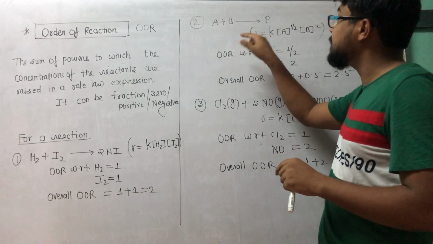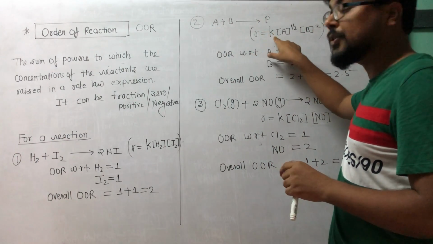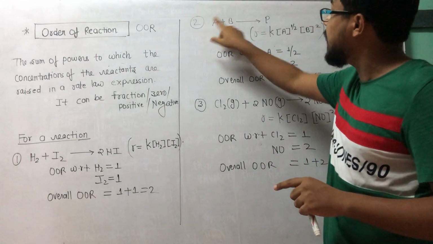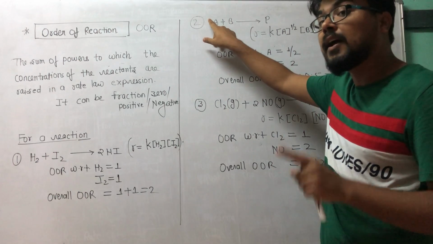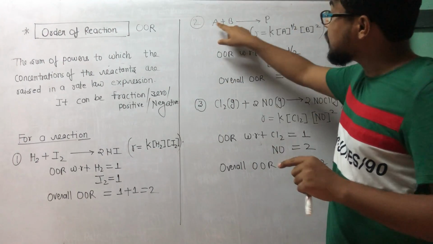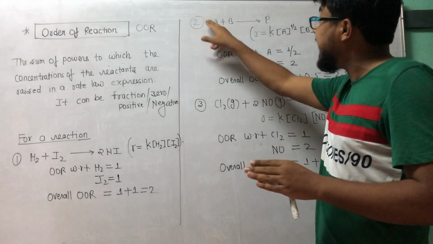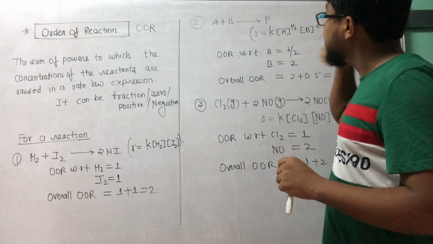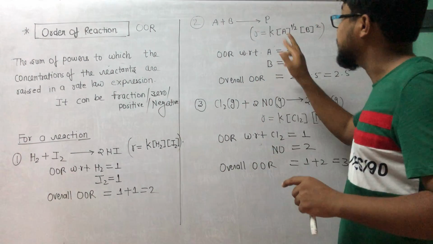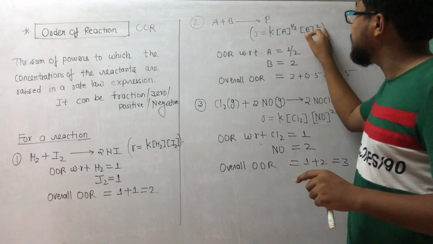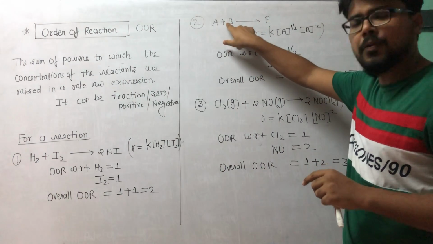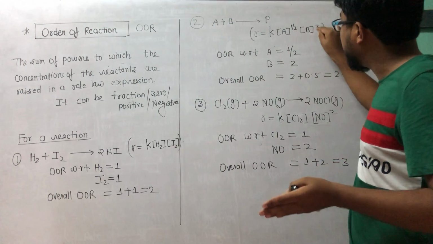So for A plus B gives product, rate equals k, here the power of A is 1/2 but the stoichiometric coefficient is 1. The power of B is 2, though the stoichiometric coefficient is not 2.